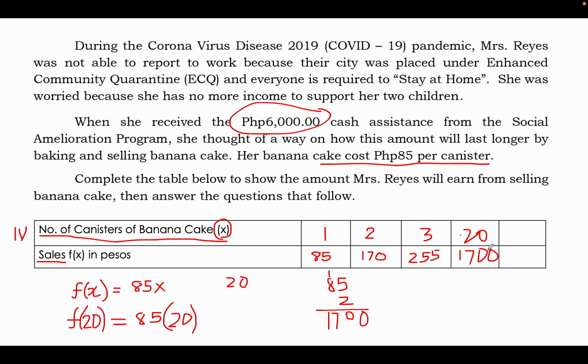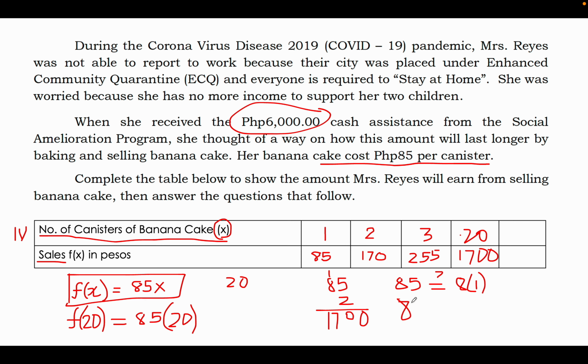Okay? I-check nyo siya kung tama siya o hindi. So, halimbawa, paano nyo siya ma-check? Gagamitin nyo yung function na to. Ayan. Kung 1 daw, 85 pesos. So, i-check nyo lang siya. So, 85, will it be equal to 85 times 1?